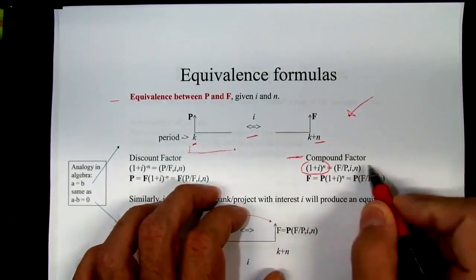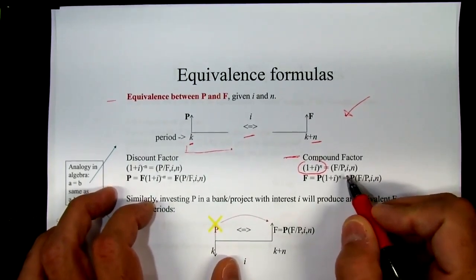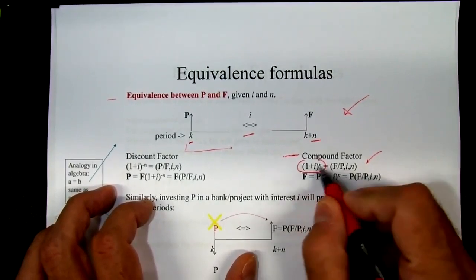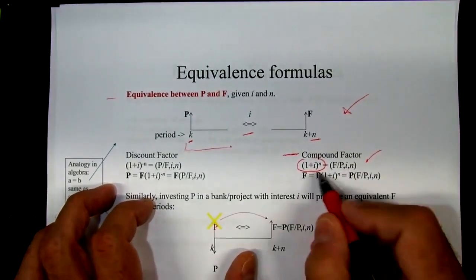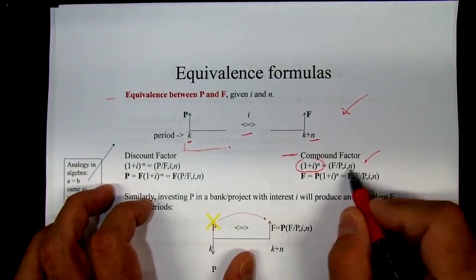What I will want you to be able to recognize is this notation right here. This factor, which in this case is a very simple equation, is also represented with this notation.